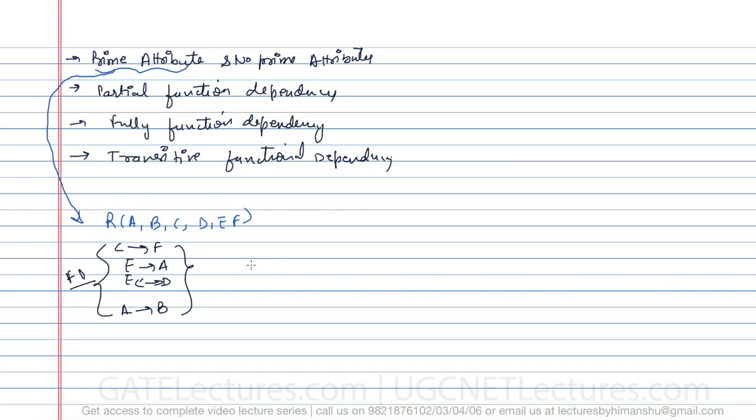So what is a prime attribute? Prime attributes are the attributes which are present in any of the candidate keys, and non-prime attributes are the attributes which are not present in any of the candidate keys. Let me write this definition here.